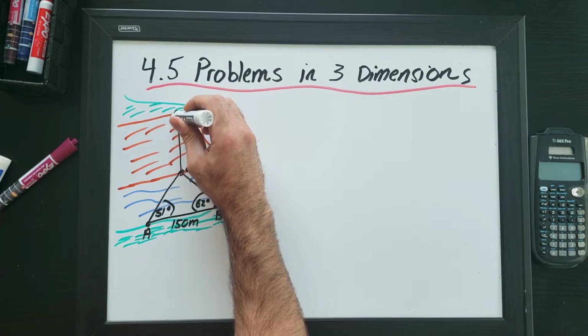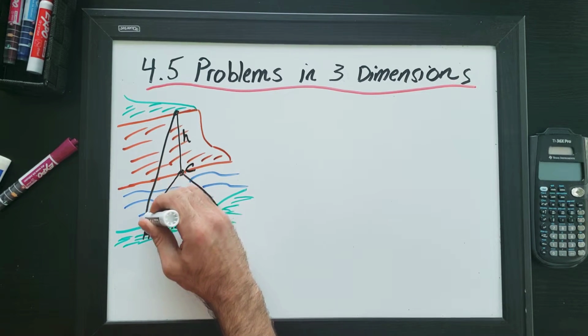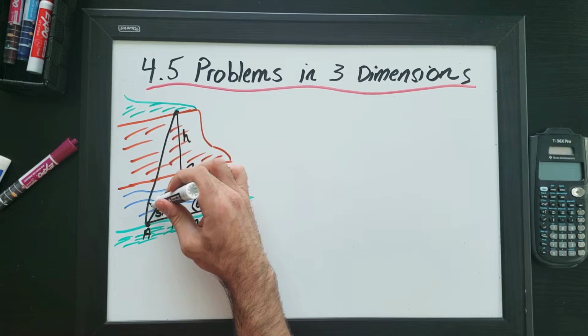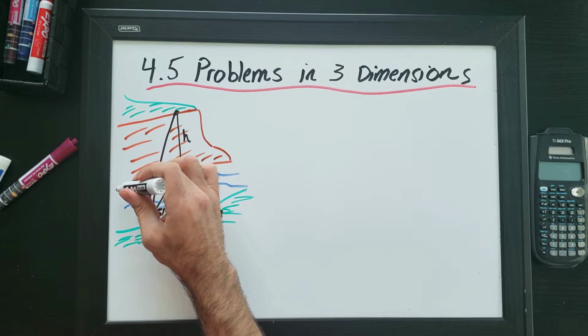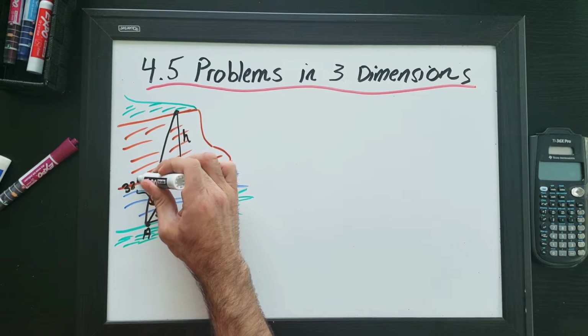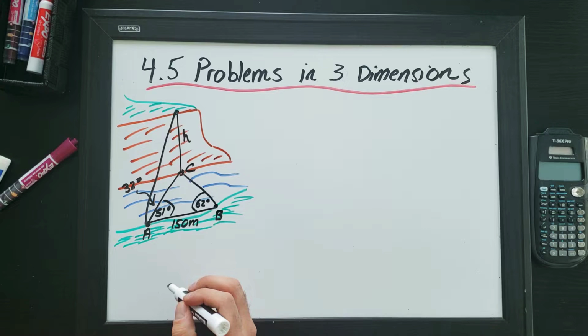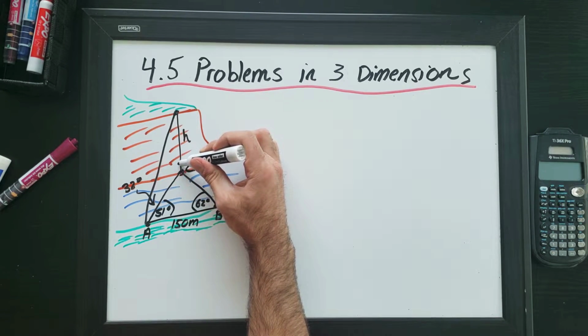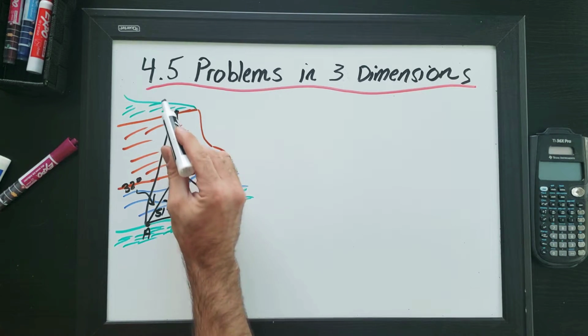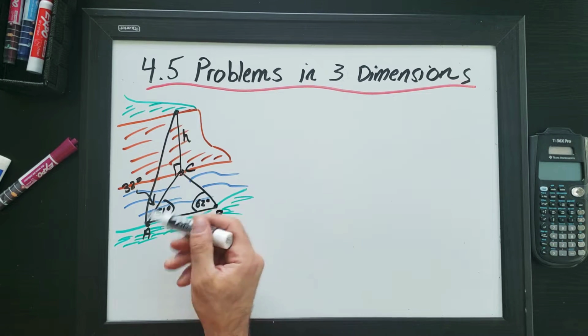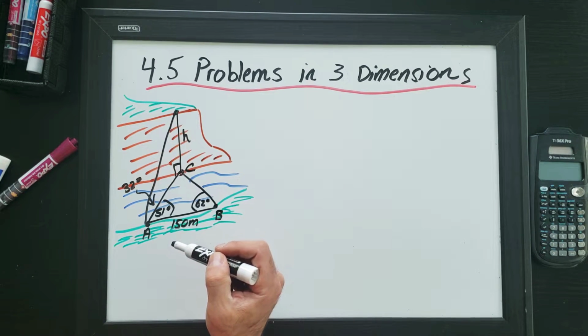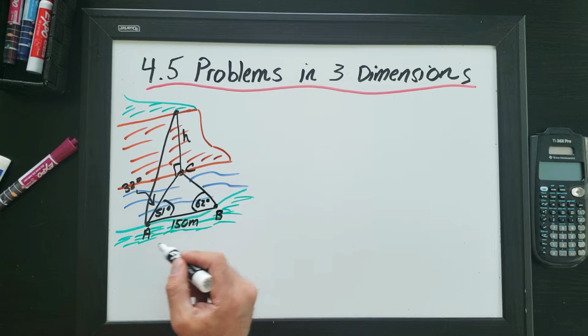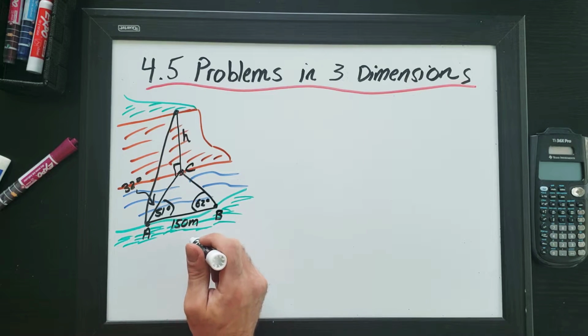And I can connect these two like this. And I know that this angle in here is 32 degrees. And I know that this angle is a right angle, even though it doesn't look like it, because it's the height of a cliff, and height, vertical and horizontal, are always perpendicular. It's always a right angle. Okay, so this information is what I can find from this side of the cliff.